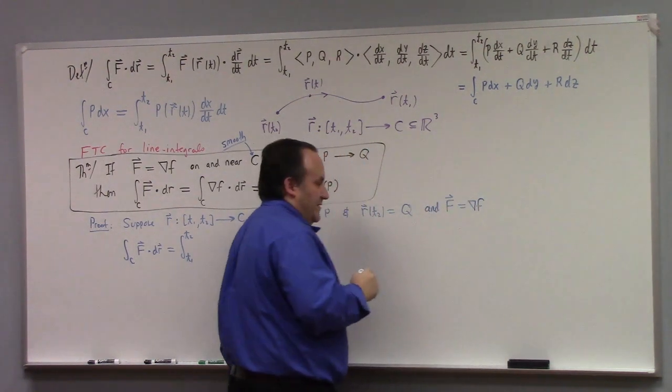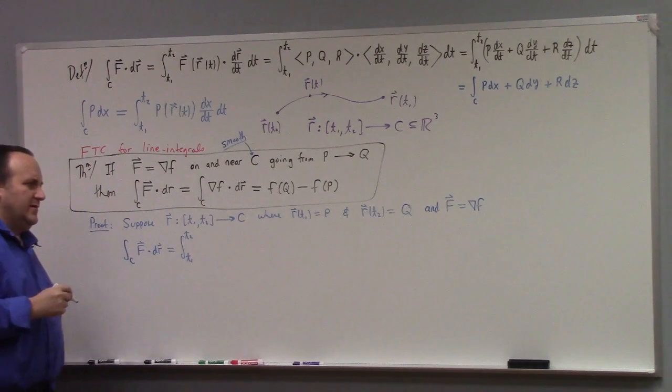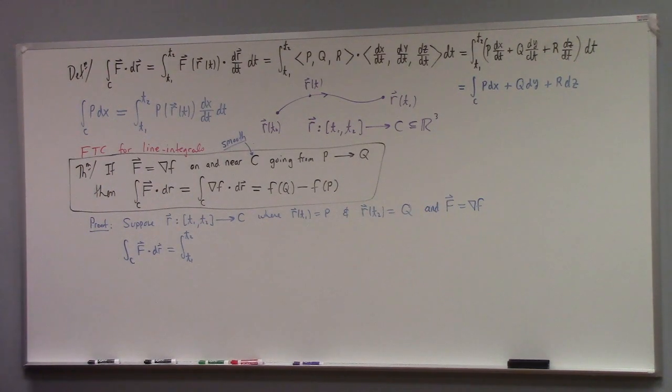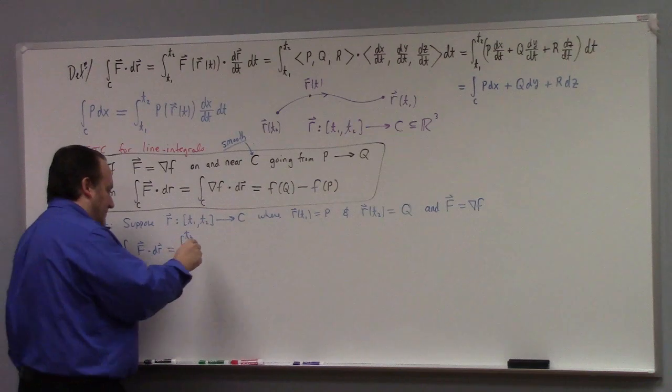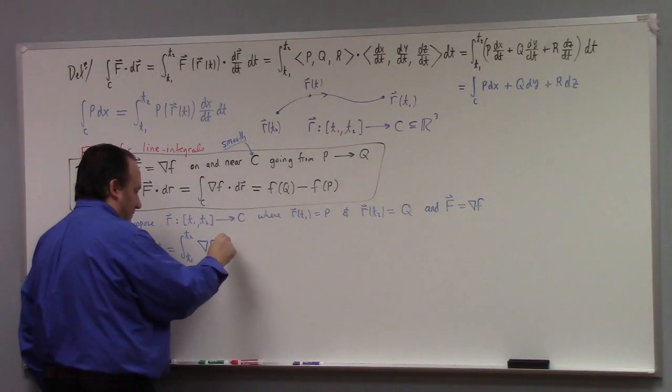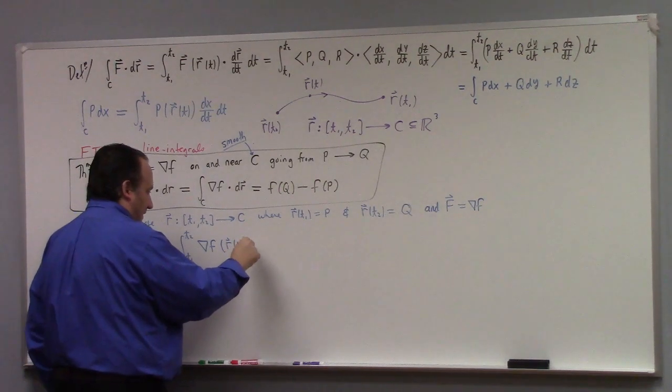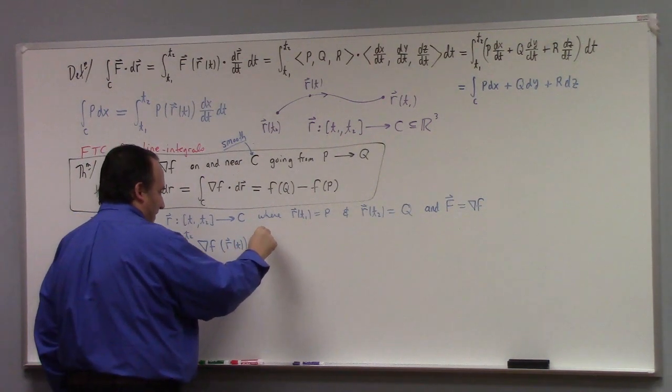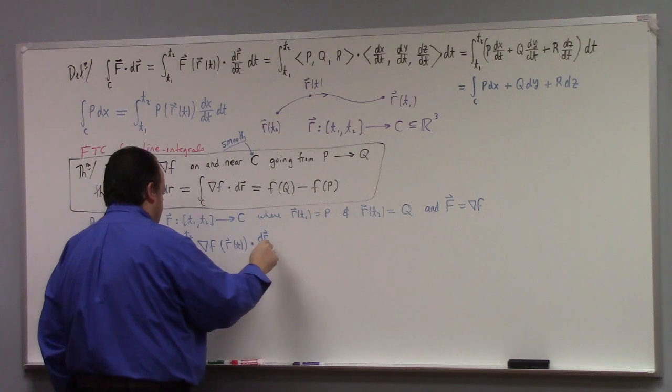F is the gradient of a potential function. Now, I mentioned to you guys yesterday that makes this vector field what's called what? Conservative. So this is a conservative vector field we're talking about right now. So we've got the gradient of f evaluated at the path, dot product with the velocity of the path, integrated over time.